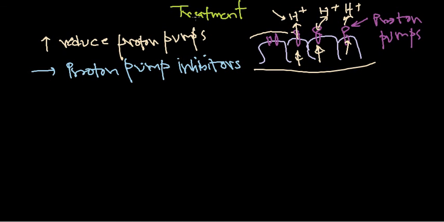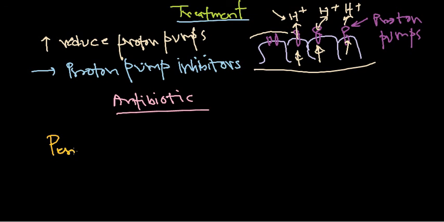And the second case is, obviously this is a bacterial infection, so we can use antibiotics. This is always there, right? So among the antibiotics, among the penicillin type, we can use amoxicillin.